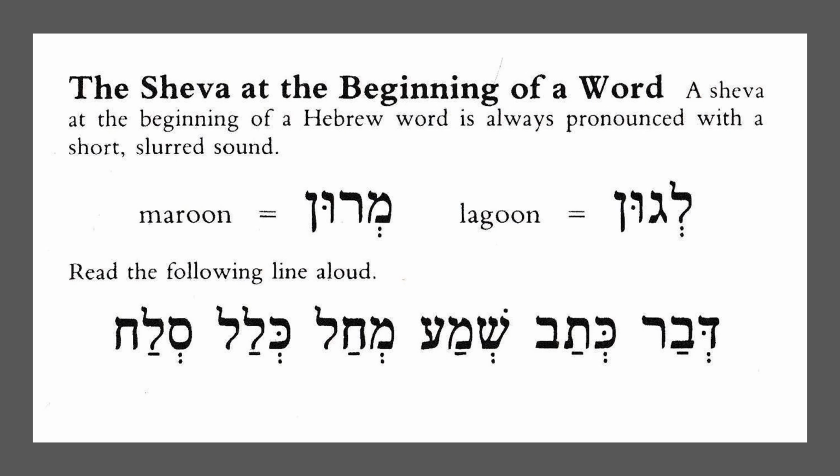Remember I said that in Hebrew, if you count the number of vowels, it will tell you how many syllables are in a word. So here's the easiest way to look at this. Now your book says, no, you do count the Shavah as a vowel, so you would count two syllables in this word.